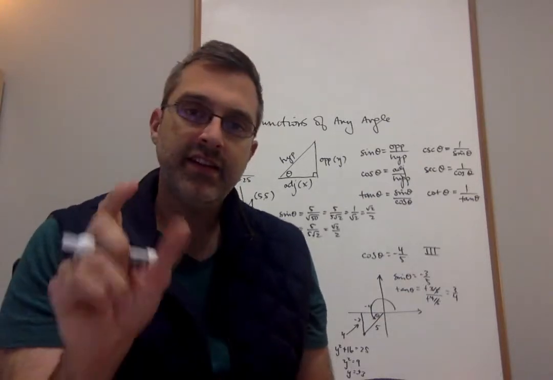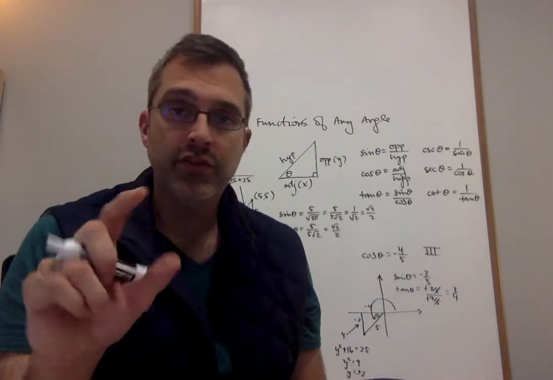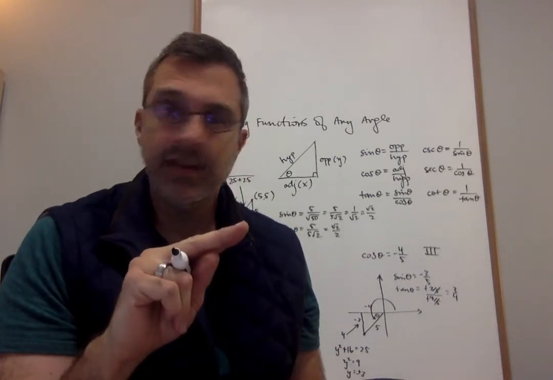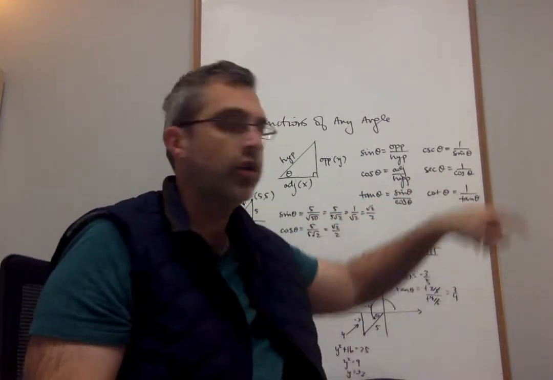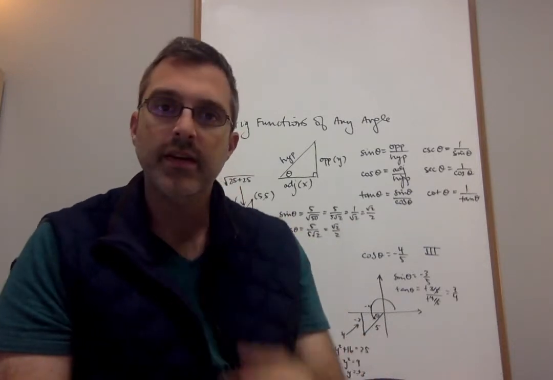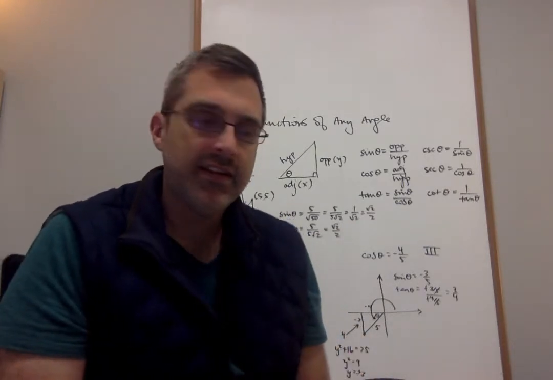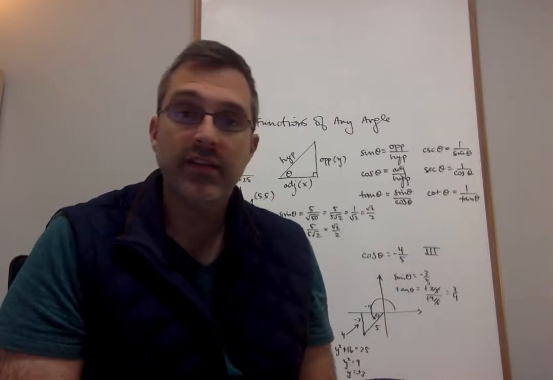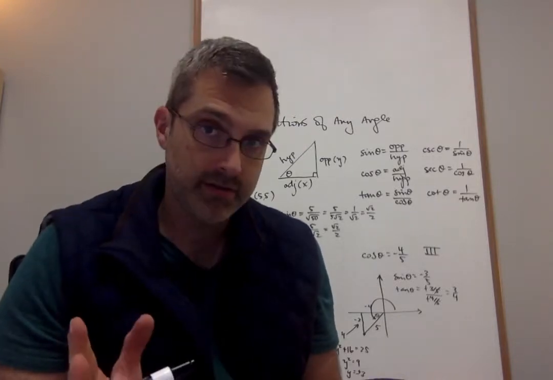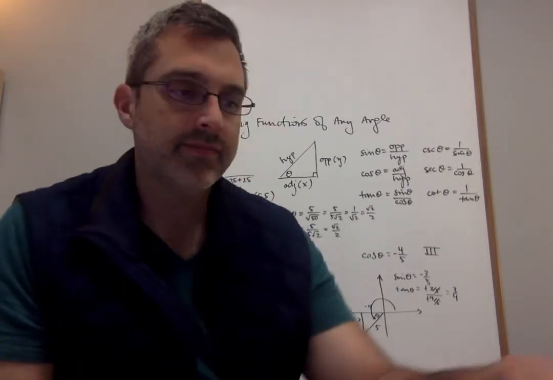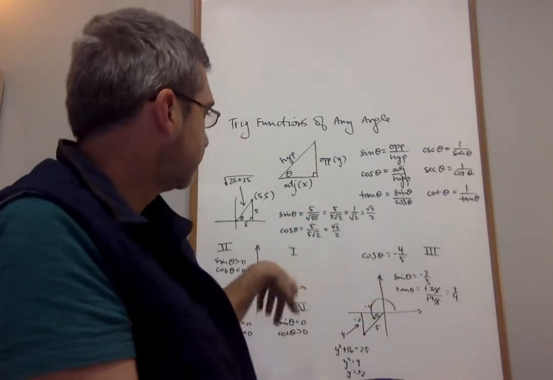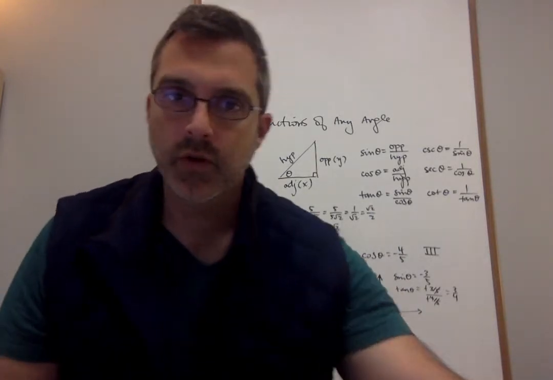They give you that the secant of an angle is negative 2. Remember, if you know the secant, then you can use that to figure out the cosine. Cosine's always the flip. So if secant theta is negative 2, then the cosine of theta is what? Start with that, and then draw a triangle and work your way from there, okay?